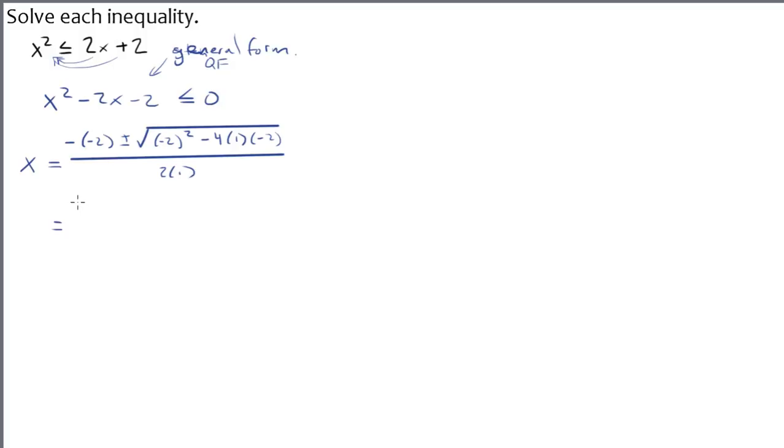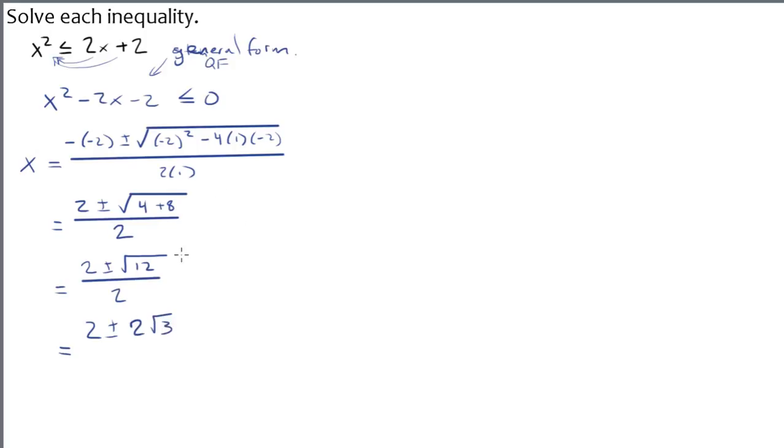So let's start simplifying. We'll get 2 plus or minus the square root of 4 plus 8, divided by 2. So this is 2 plus or minus the square root of 12 over 2, which is 2 plus or minus 2 square roots of 3.